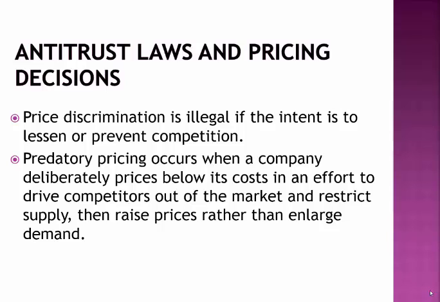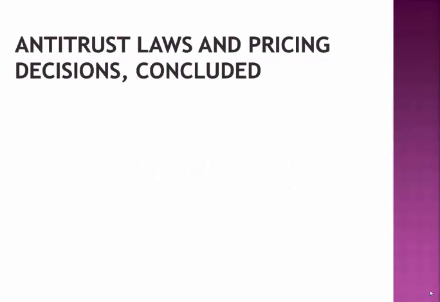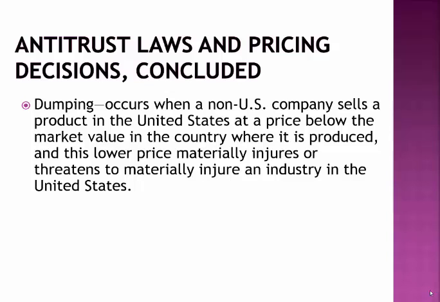You could Google China and predatory pricing and see what all you can find there. You could also Google China and find out what kinds of things have been going on as far as dumping goes.